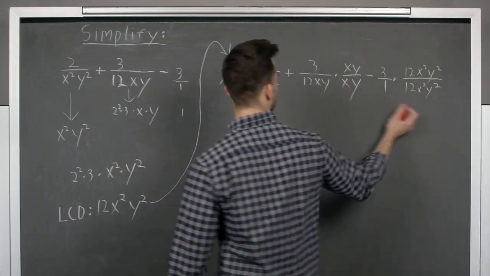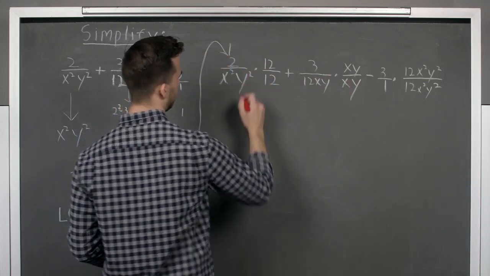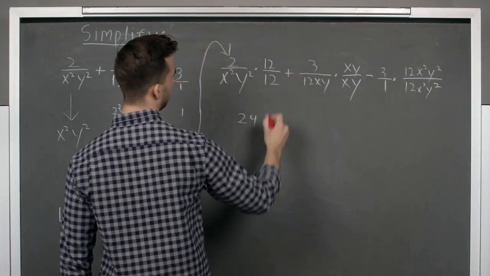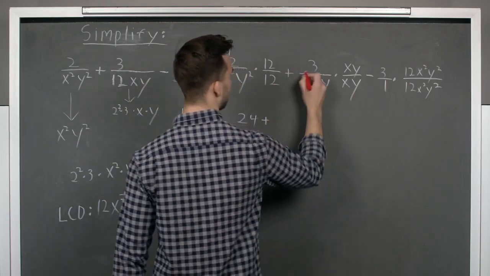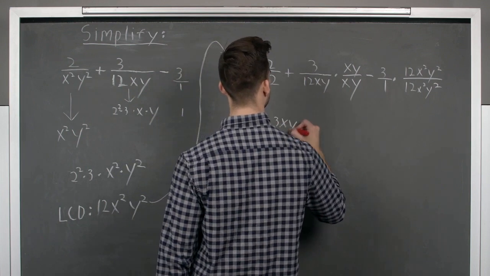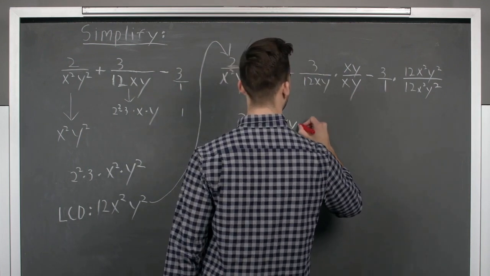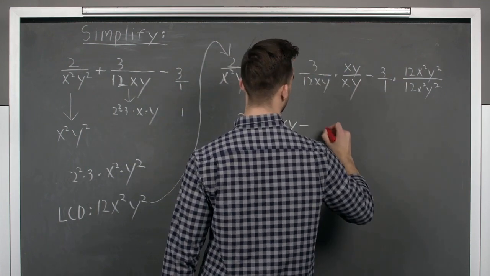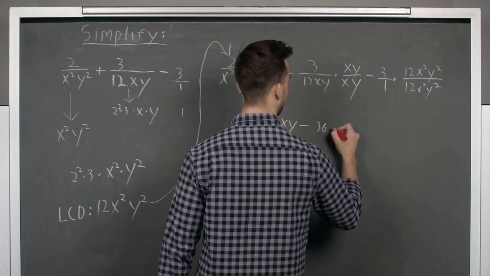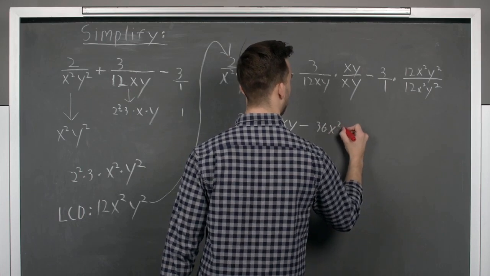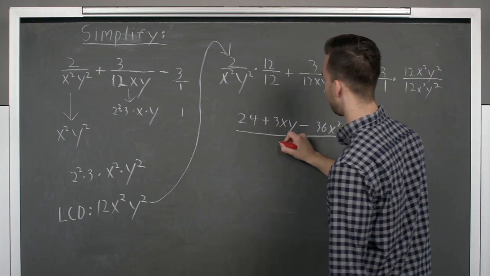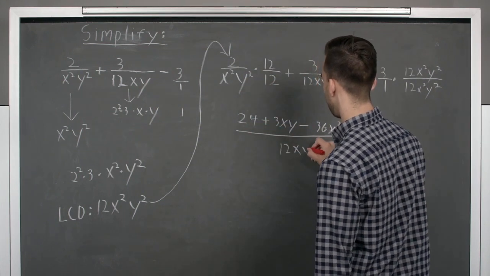So if we simplify this, we have, let's see, 24, and then we have plus 3xy minus 3 times 12 x squared y squared gives us minus 36 x squared y squared all over 12 x squared y squared.